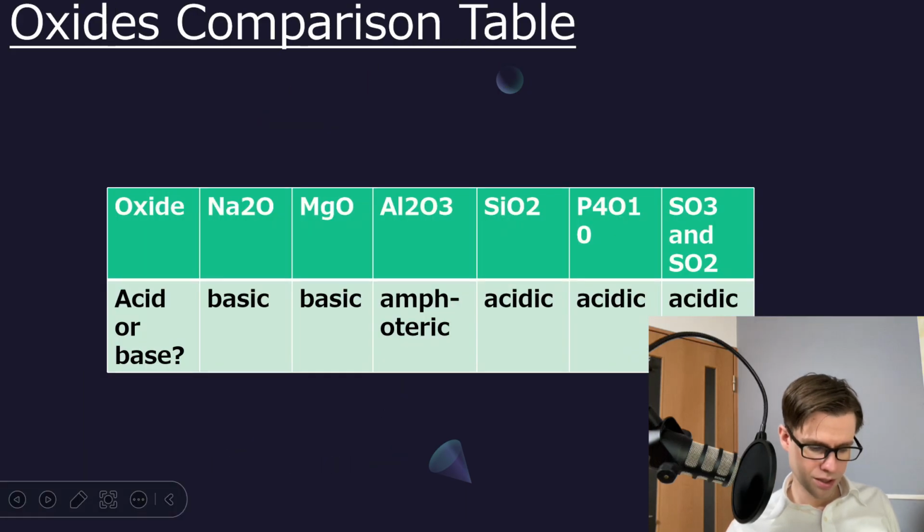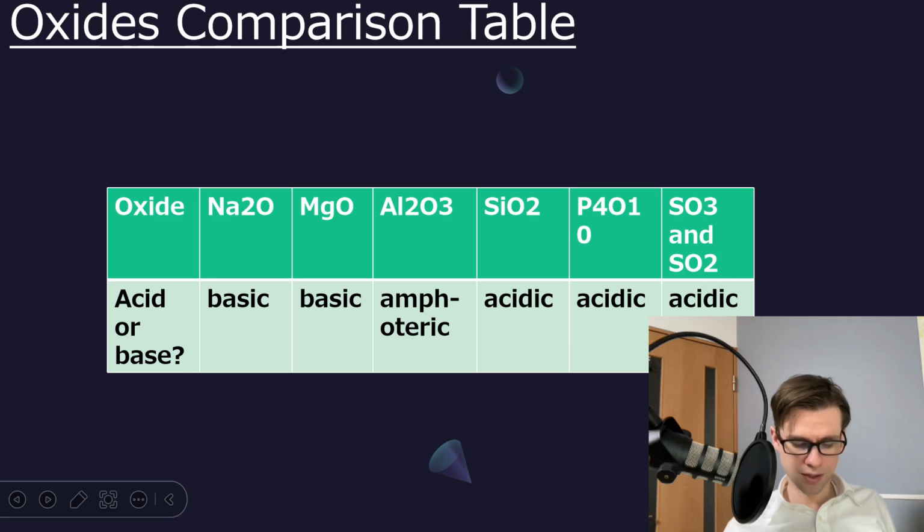Okay, moving on. So we have a little comparison table here. We have our oxides on the top, starting with the most metallic and then moving less metallic as we go to the right. And let's consider the solution when these are mixed with water. Na2O, definitely basic. MgO, definitely basic. Those will make OH- in solution. Al2O3, amphoteric, we should say, because it depends on what's nearby what it will do. Could be acidic or basic.